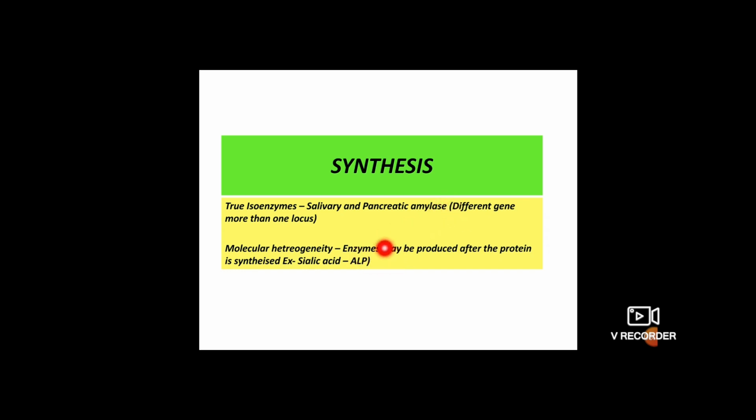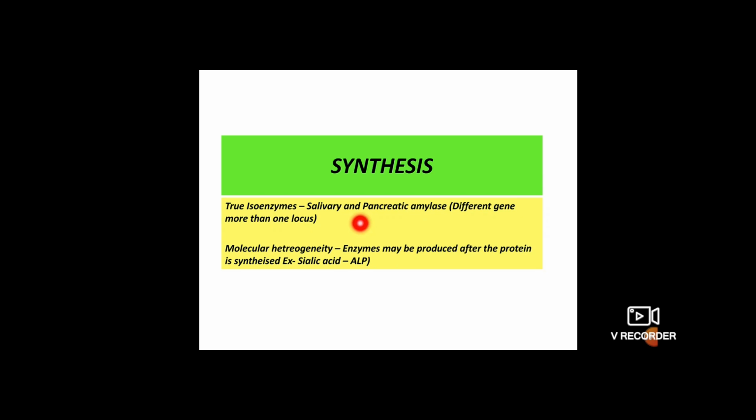Some of the enzymes are modified before they are converted to a functional one. For example, the enzyme should be added with sialic acid. Example is alkaline phosphatase. Sialic acid is not a protein, so it has to be added along with the ALP. This is called post-translational modification. One of the steps is the addition of some monosaccharides, carbohydrates or lipids, so that finally this ALP becomes an active or functional one.